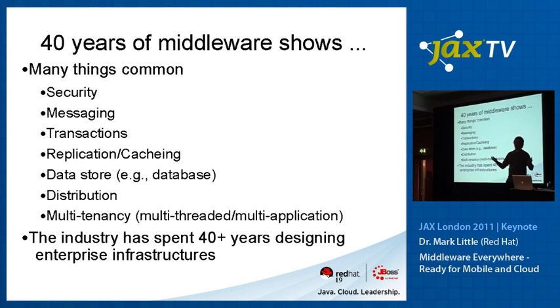Database, obviously, because you've got to store your state somewhere. Obviously distribution and multi-tenancy. We have spent 40 years doing this time and time again. We've gone through one wave after another, and after the waves have settled, what we end up with is very, very similar to what we had before, but maybe in a slightly different language.